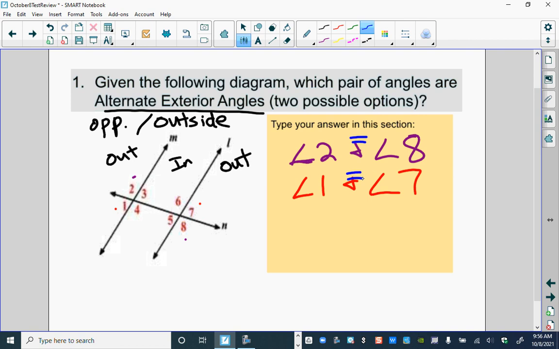Because when we deal with some of these problems later, you're going to need to know. Okay, I have alternate exteriors. They are congruent. You set them equal to each other. So they are congruent. Because later today, we're going to talk about those types of angles.